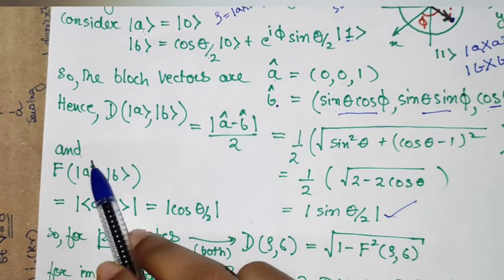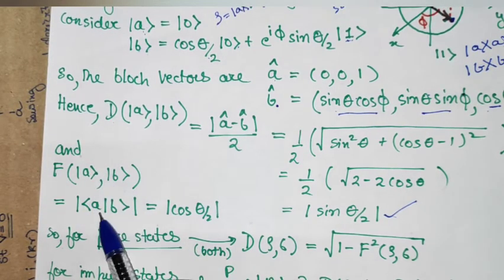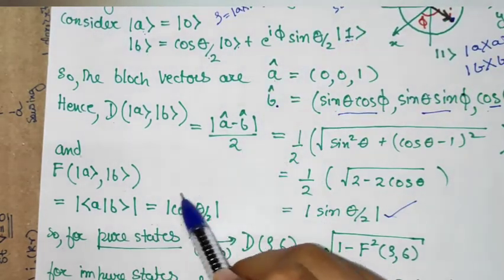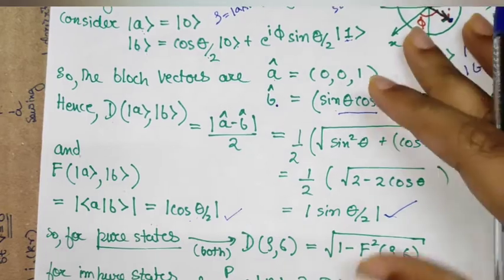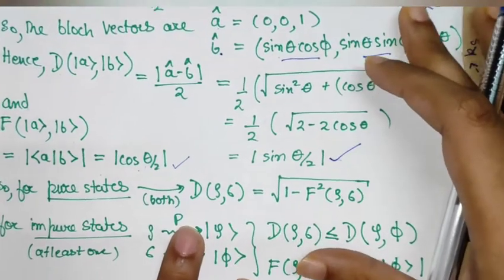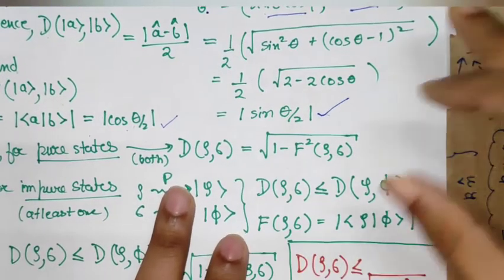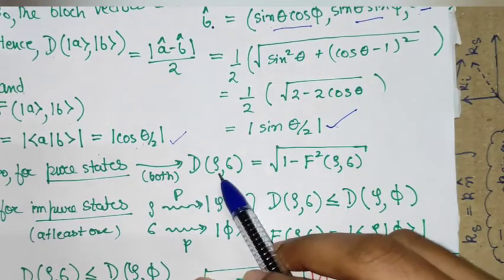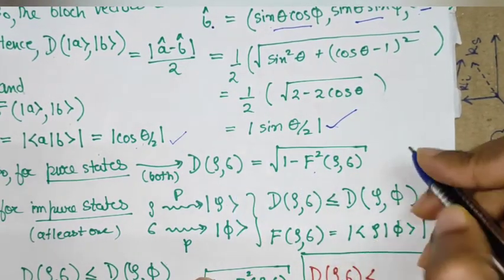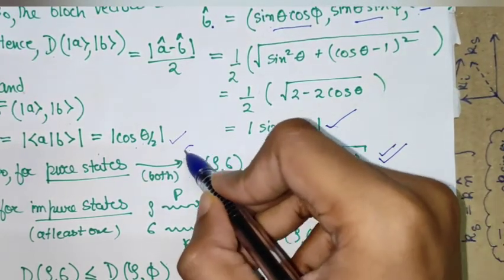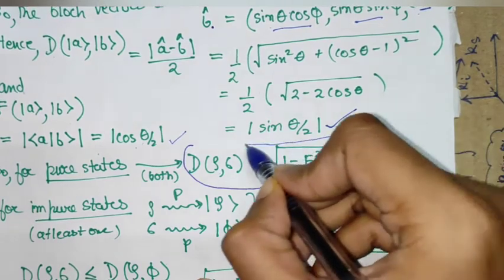Fidelity of two pure states is simply the overlap, and we get cos theta by 2. So we see that for pure states, the fidelity and trace distance are related by this form. This form is only valid for pure states.